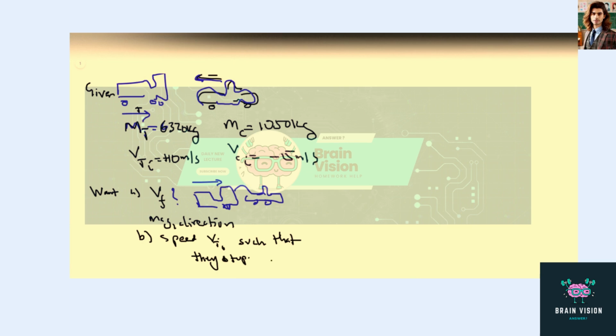And then in part C, we want to find the change in kinetic energy for the two parts. What's the change in kinetic energy in part A, and what's the change in kinetic energy in part B? The final thing they are asking is, which one is bigger?